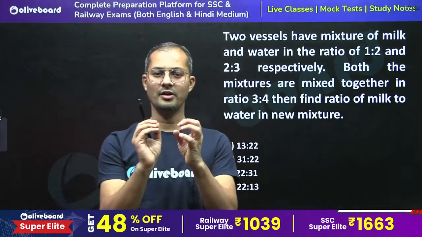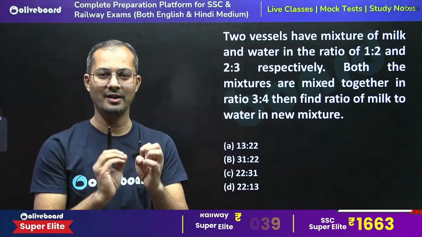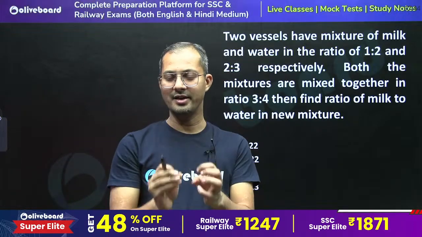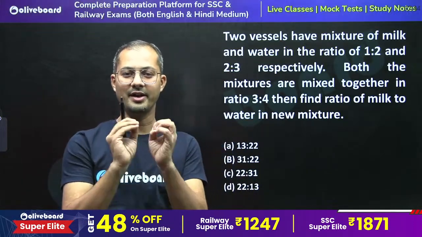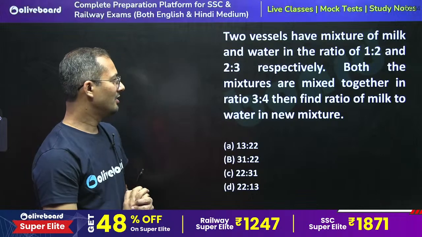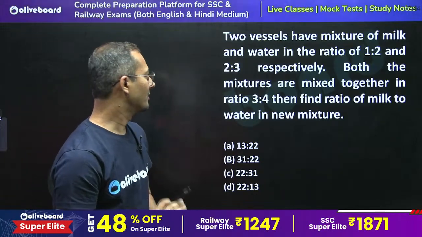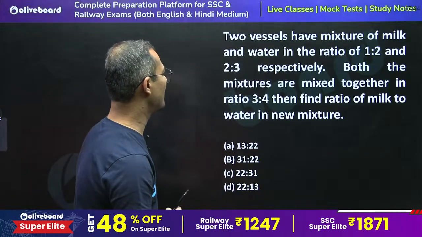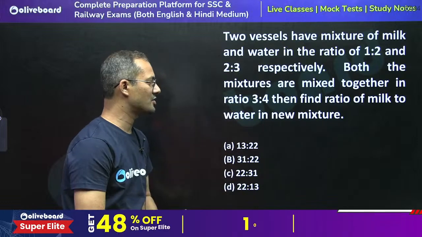See, if you are not hitting the question, how can you learn, right? Understanding comes only after hitting again and again. Hitting means reading, doing. So two vessels have a mixture of milk and water in the ratio 1:2.